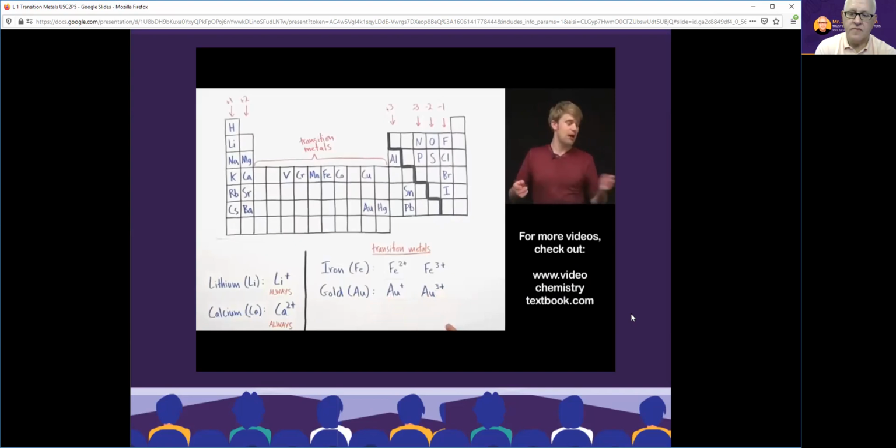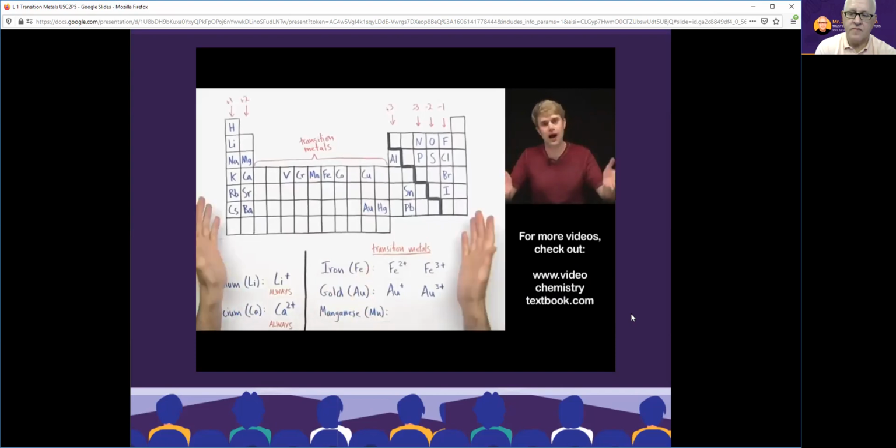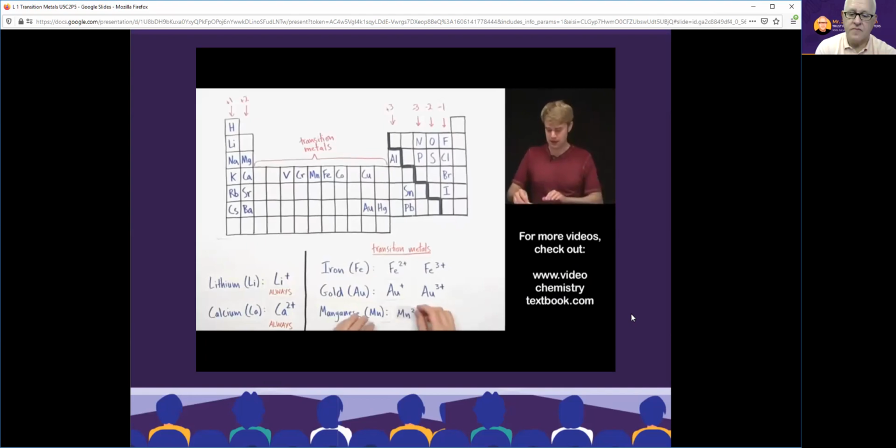Manganese, which is right here, is one of the craziest of the transition metals because of the huge variety of ions that it can make. A manganese element can turn into Mn2+, or Mn3+, or Mn4+, or Mn6+, or Mn7+. So the point is, the transition metals can make multiple types of ions, and these ions all have different charges.